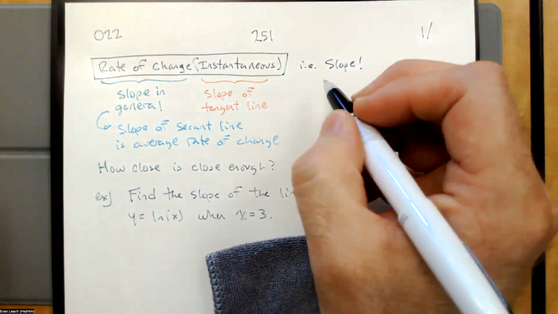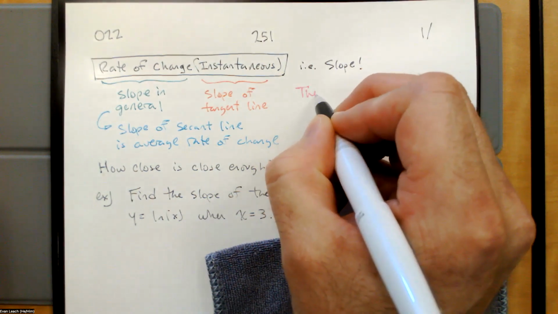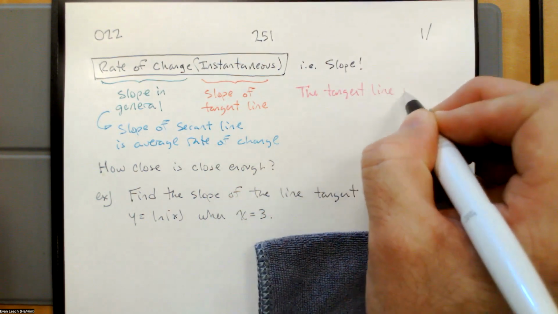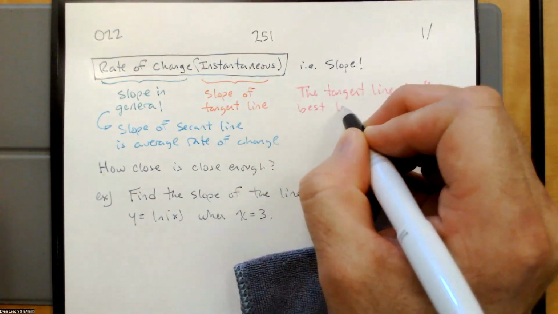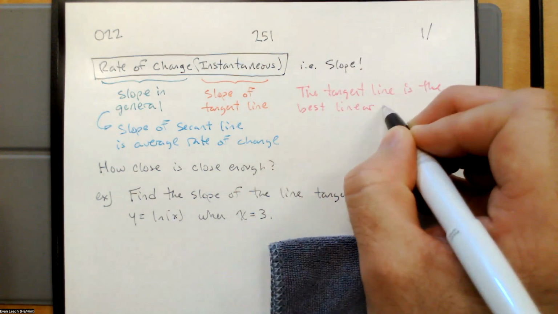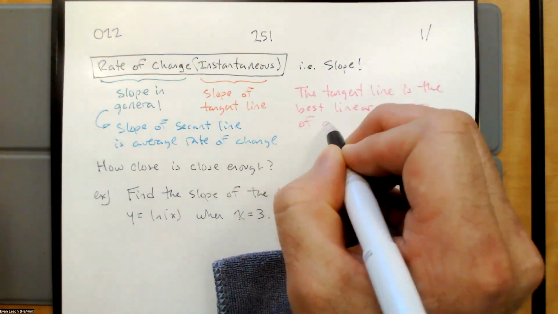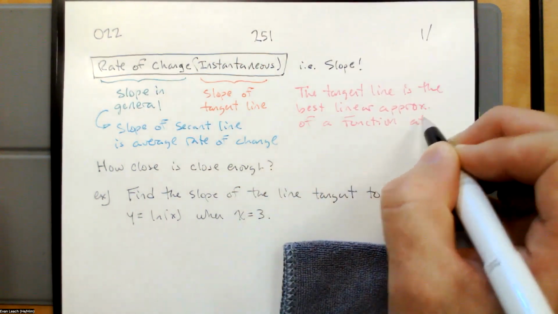Tangent line is the best linear approximation of a function at a point.